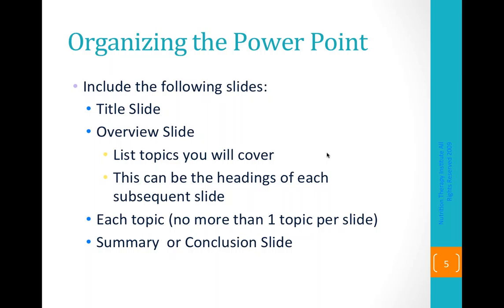And then you'll finish by having either a summary slide or a conclusion slide. Now you won't actually have a separate slide for references, and I'll show you why. Anytime you want to include a reference, you're going to put it at the bottom of the slide that you're talking about. I'll show you how to do that in a minute.